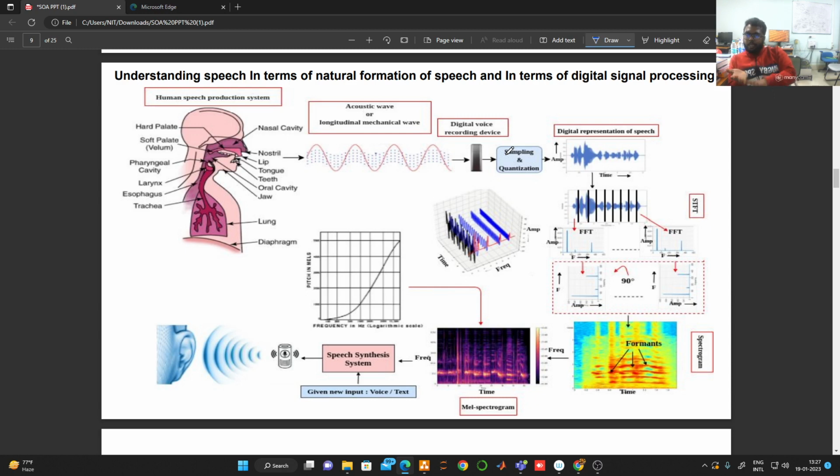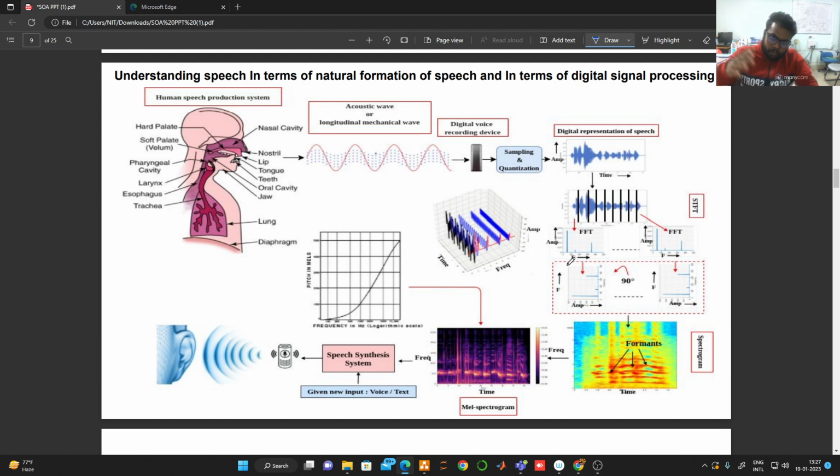There exist sampling and quantization, which I'll talk about later. This sampling and quantization helps you get the acoustic wave into a digital representation, that is x(t), t versus x(t), that I have already mentioned in the earlier slide.